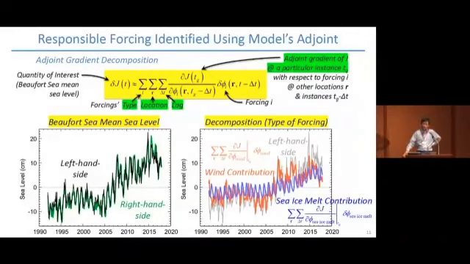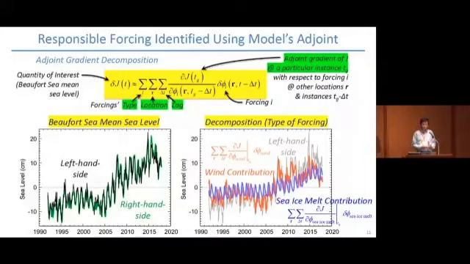Unlike correlation or other empirical measures, this equation describes a causal relationship between forcing and its effect. While adjoints are typically associated with data assimilation, here we're using the adjoint for an entirely different purpose.